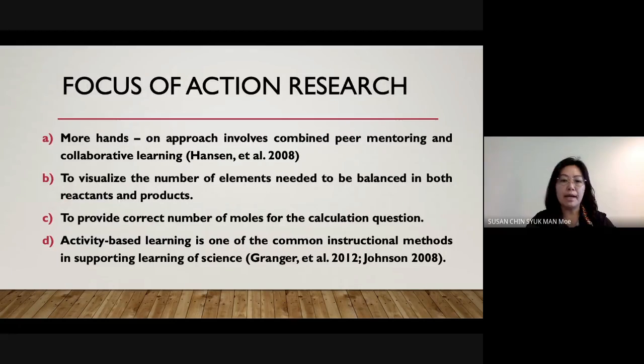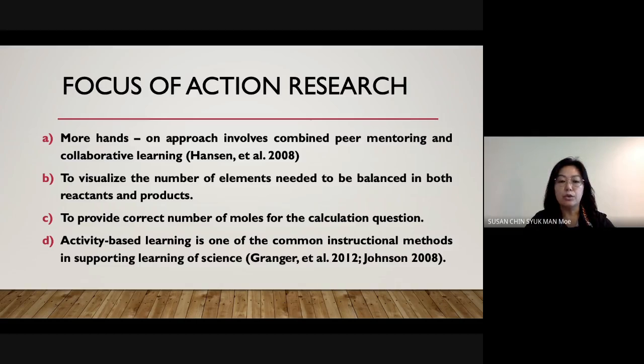The focus of my action research is, number one, a more hands-on approach involving combined peer mentoring and collaborative learning. We will do this in a group. Number two, to visualize the number of elements needed to be balanced in both reactants and products by using different color bits.